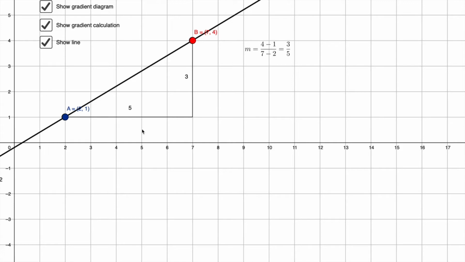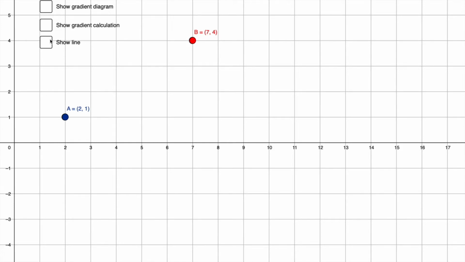Today, we're going to be looking at how we can find the gradient of 2 points when I don't have a graph. So if we look at these 2 points here, A to B, I need to look at the difference of y and divide it by the difference in x. So I don't actually need the straight line to figure this out.